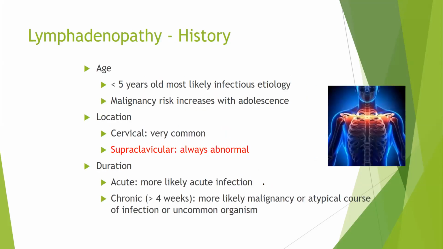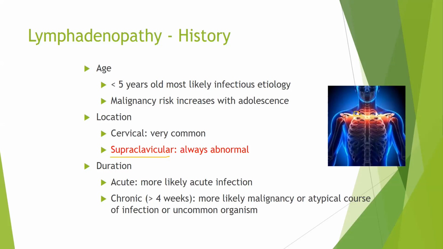We want to get a good history. We want to feel for any supraclavicular nodes, as these are never normal. Malignancy does sometimes present this way, so we want to see where these are at, and these are very abnormal.